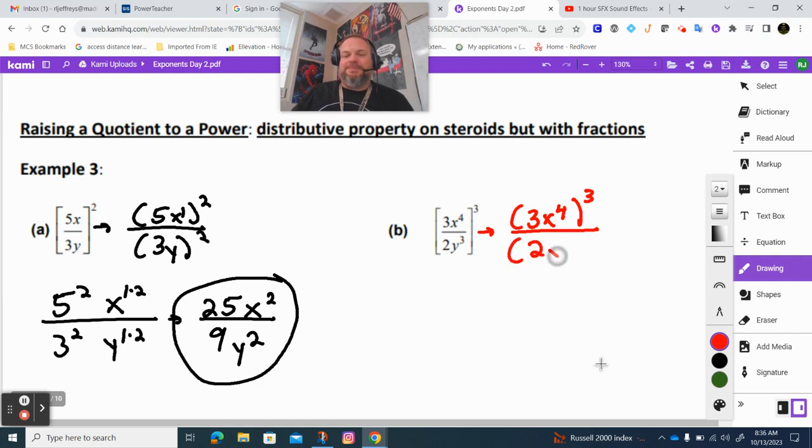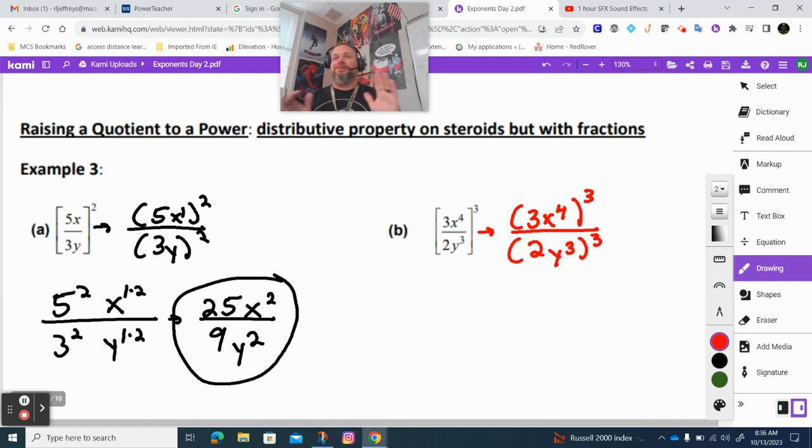So basically, I'm taking everything on the top and everything on the bottom and raising it to the third power. That's the first step.